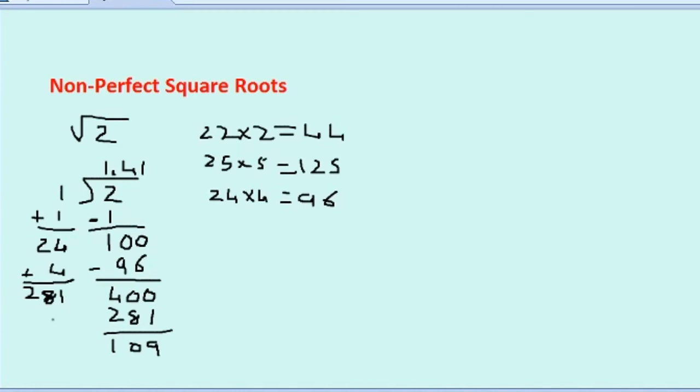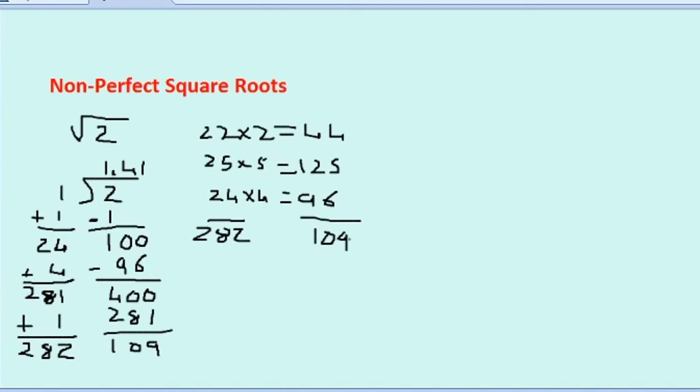In this 281, I will have to add plus 1. So this will become 282. Okay. So this is our 109 and here it is 282. 109 is lesser than 282.